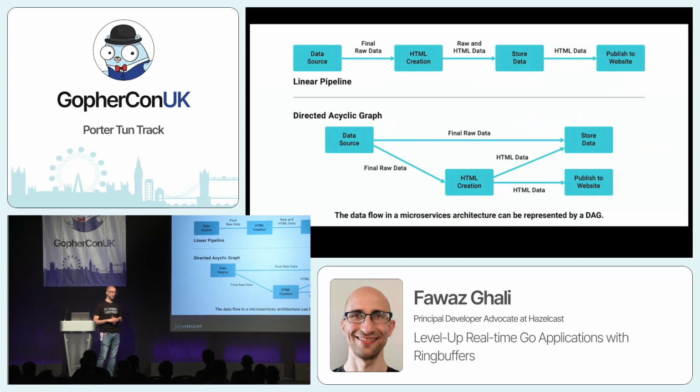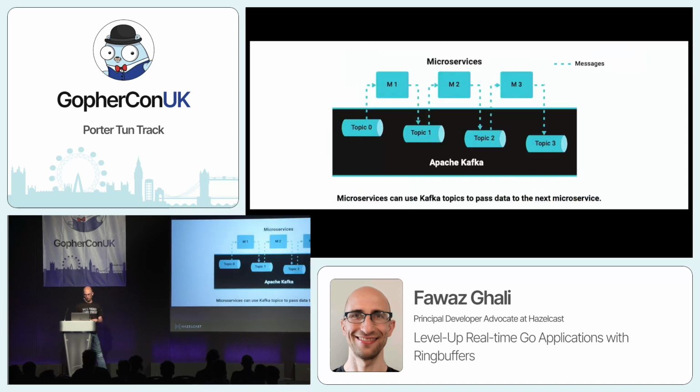The DAG format allows you to connect different pieces of your code at the same time. So you don't need to replicate or read multiple times from one source. You can read from one side, do some kind of processing, and at the same time do visualization or attach it to a different microservice. If you're dealing with Kafka, you can attach different microservices to different topics.